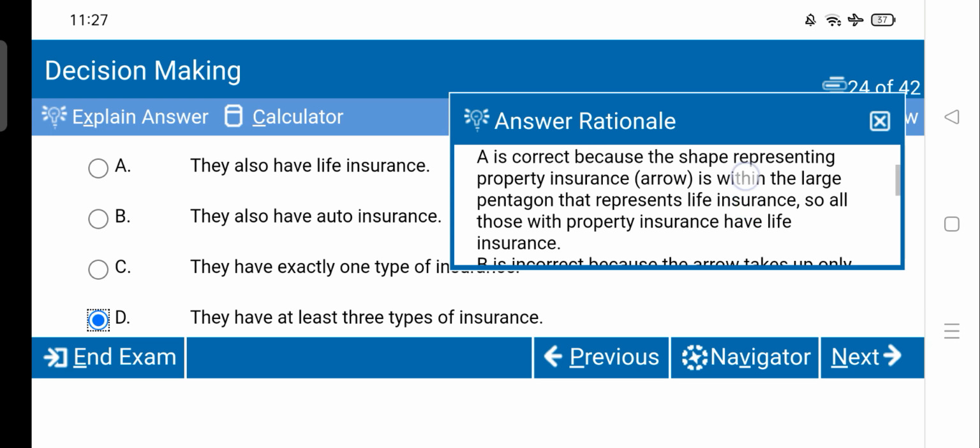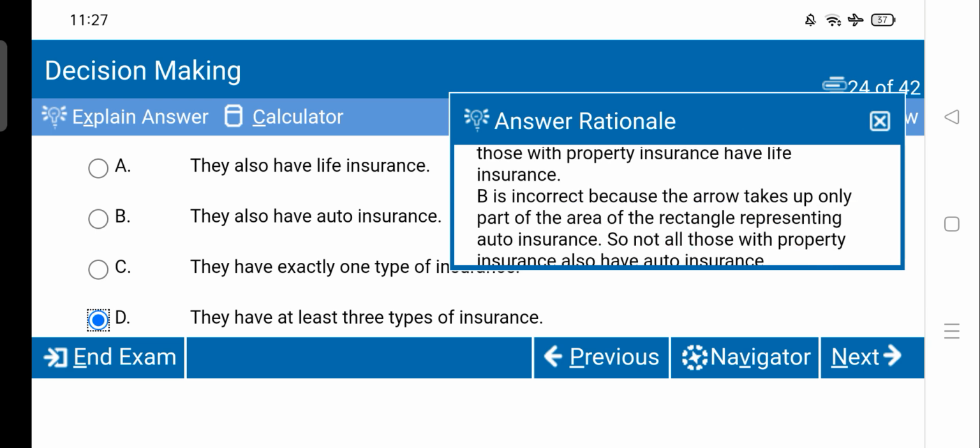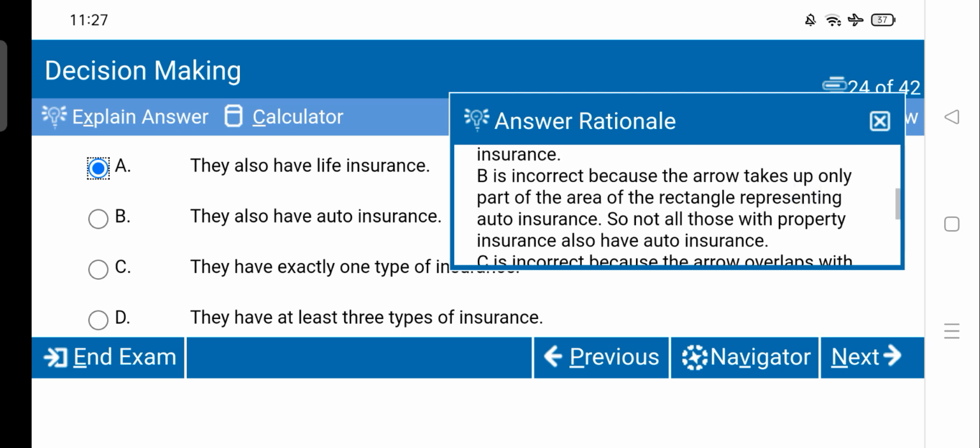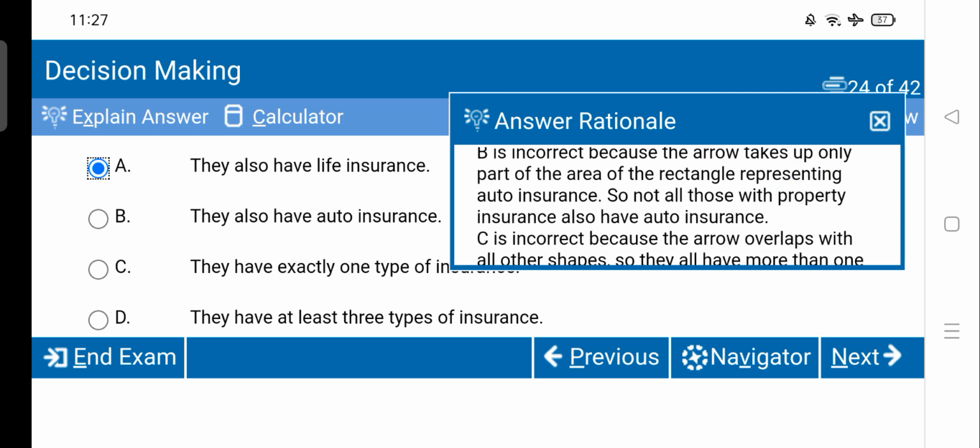That's why we can say that option A is the correct option. B is incorrect because the arrow takes up only part of the area of the rectangle representing auto insurance. So not all those with property insurance also have auto insurance.